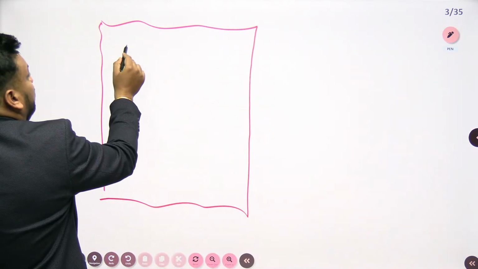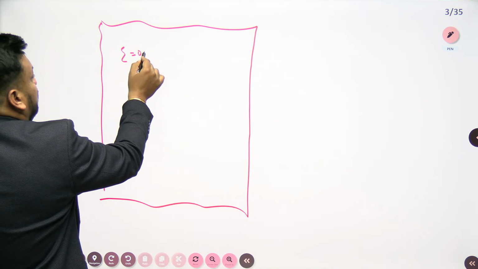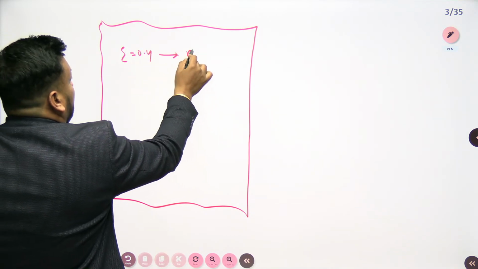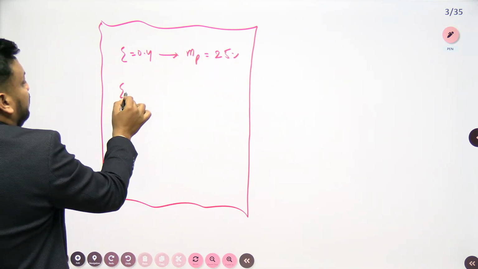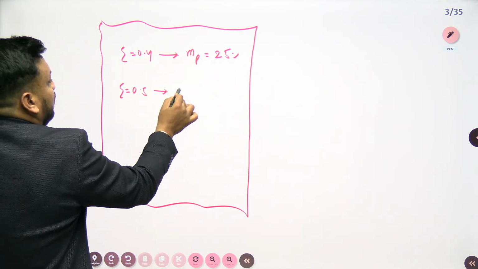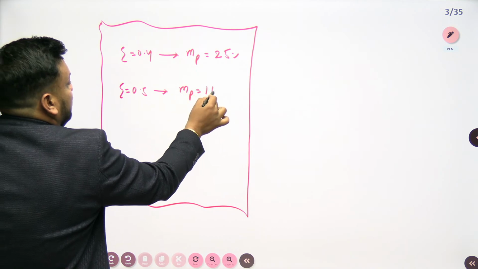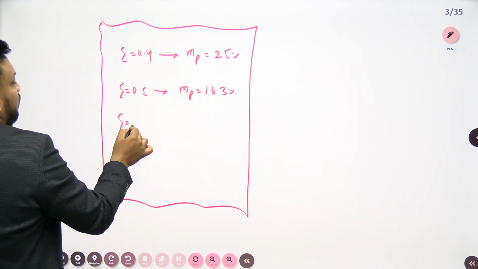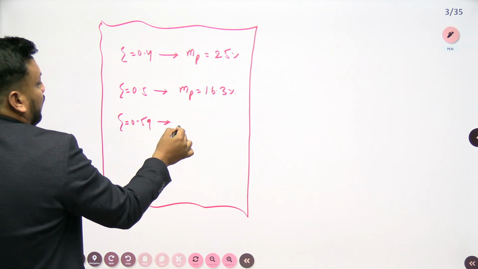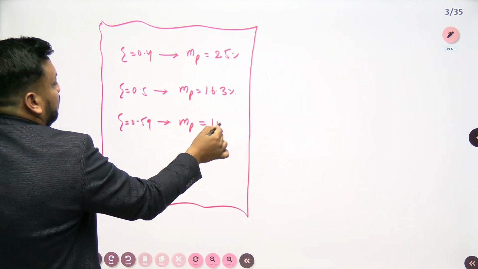If I talk about zeta 0.4, then your Mp value is near to 25%. If zeta value is 0.5 exactly, then Mp will be exactly 16.3%, near to 16%. If zeta value is 0.59, then Mp value is exactly 10%.